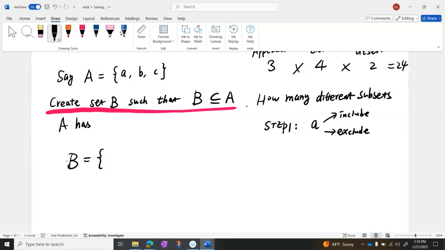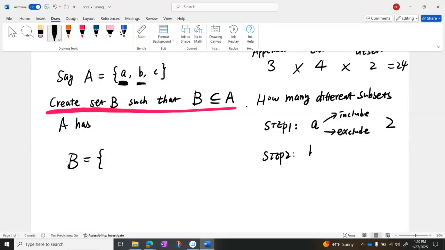We may include a in B. We also could exclude a in B, right? As a subset, B doesn't have to include all the elements from A. It could, but it could not as well. So here we have two options when we consider element a. When we go through the first element, we have two options, either include or exclude. Now we go to the second step.